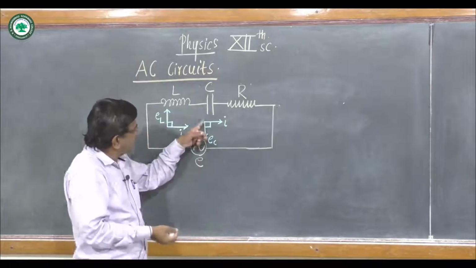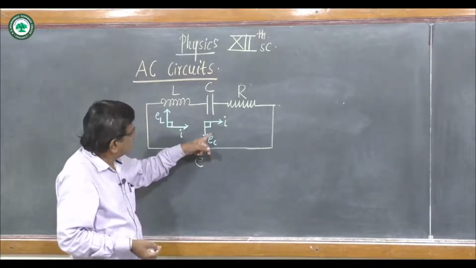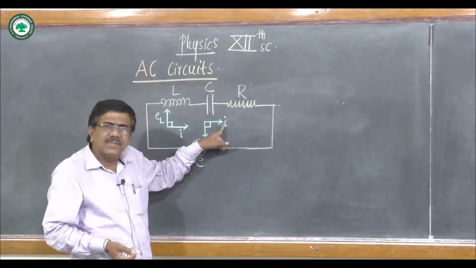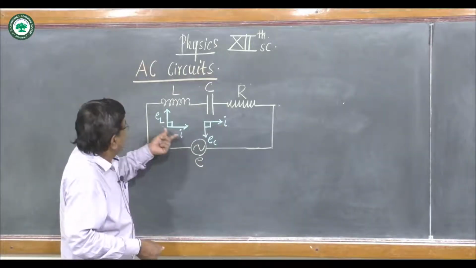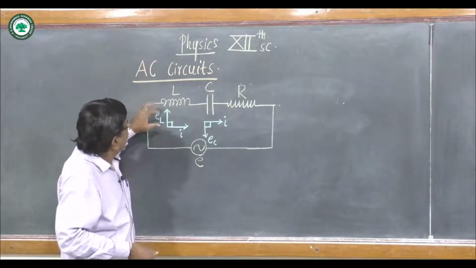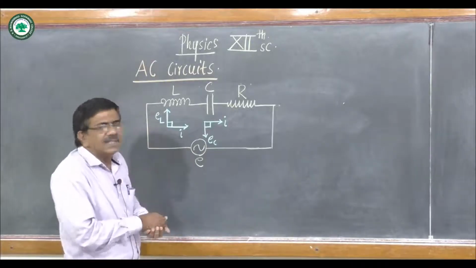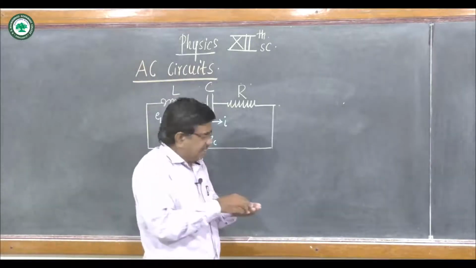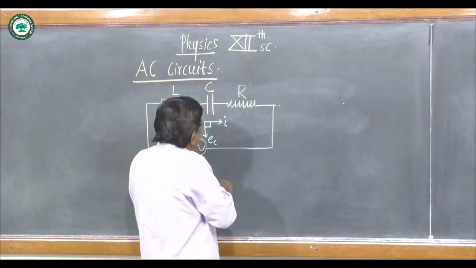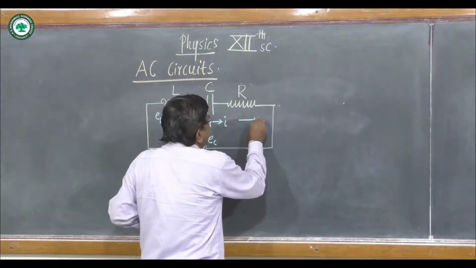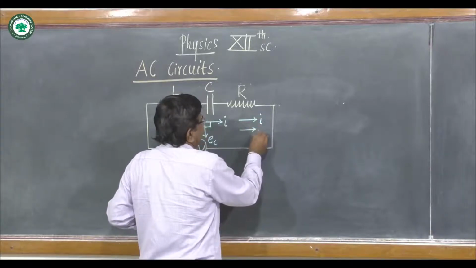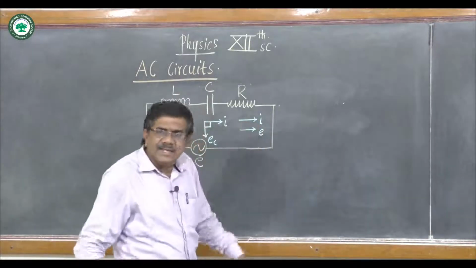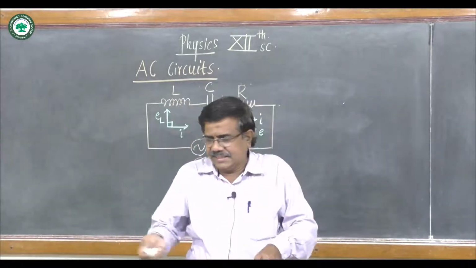So we can show it towards the negative side. It lags the current by pi by 2. In case of inductor EMF leads the current, so towards the positive side, and in case of resistor, current and EMF are in same phase, so along the same direction. I and E are in same phase.